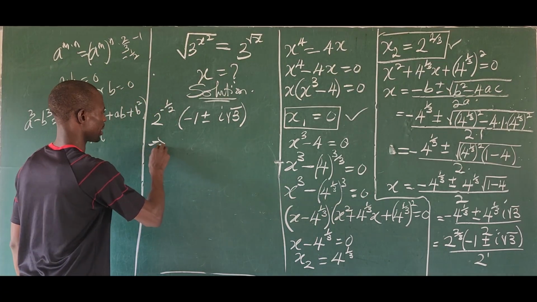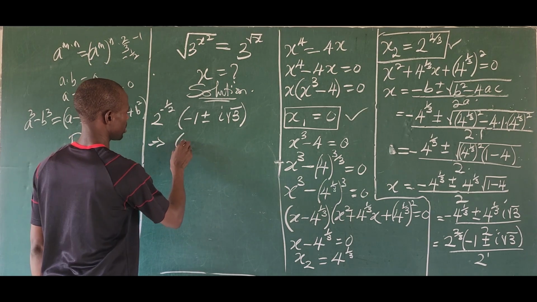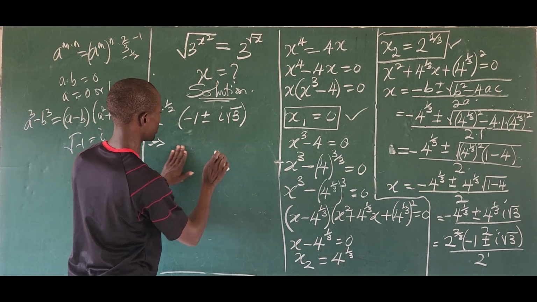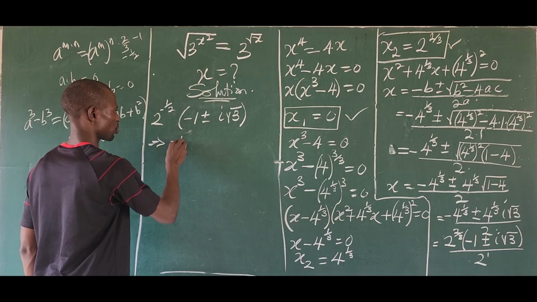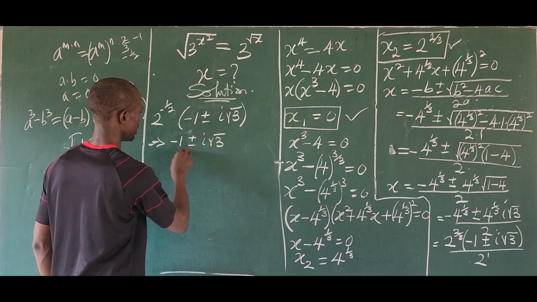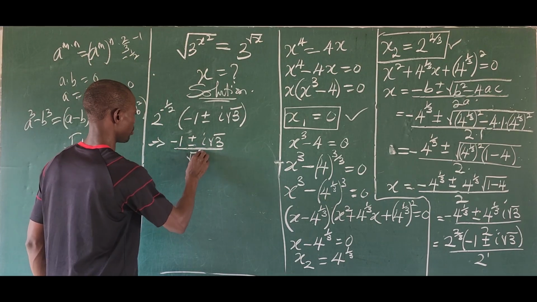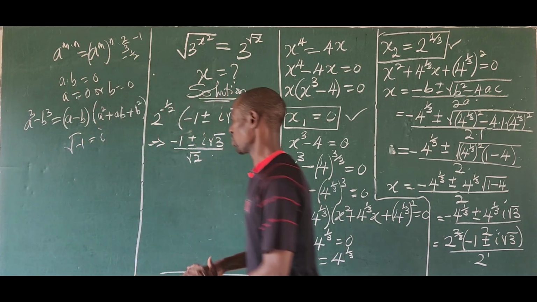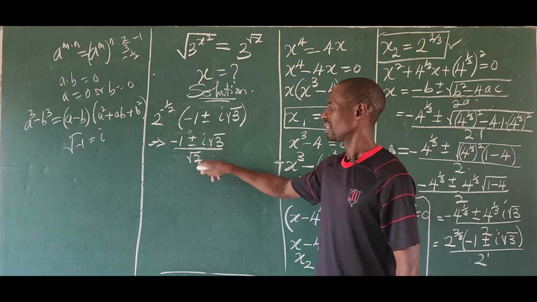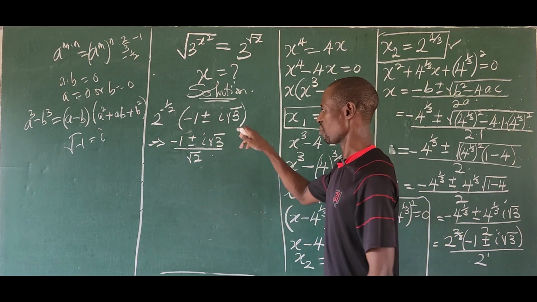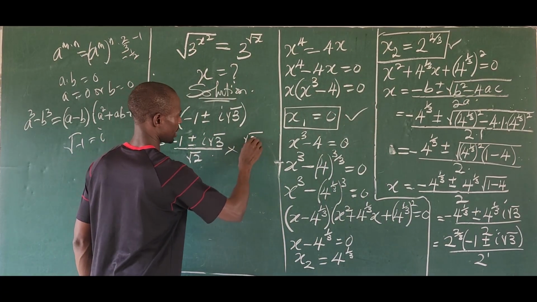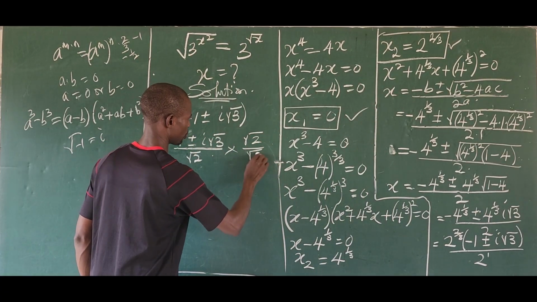This is going to end up giving us minus 1 plus minus iota root 3, everything all over root 2. But we have to rationalize this. So if we rationalize this, we multiply by root 2. Multiplying this side by root 2, and this side by root 2. So let's just put it down, this all over root 2.